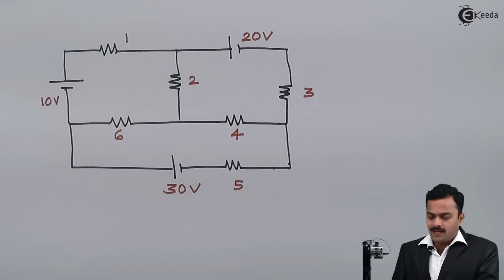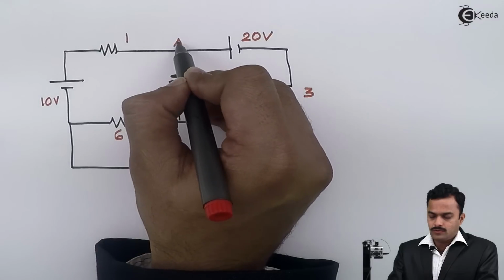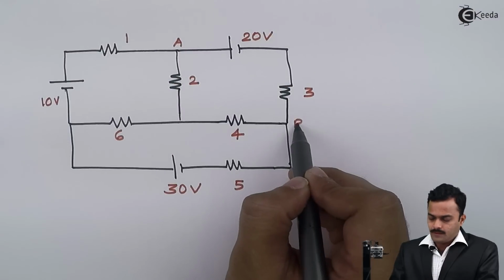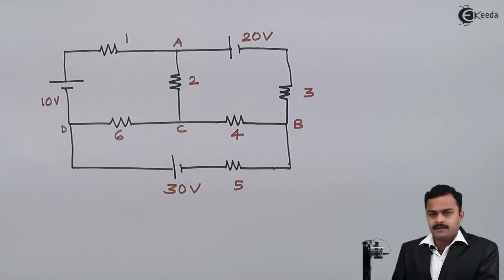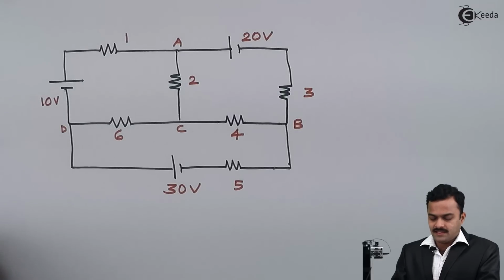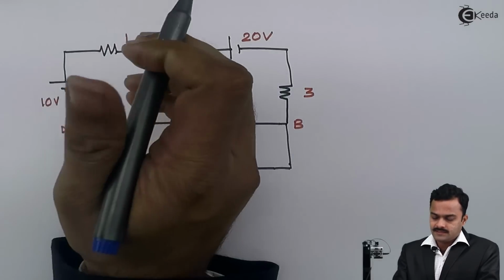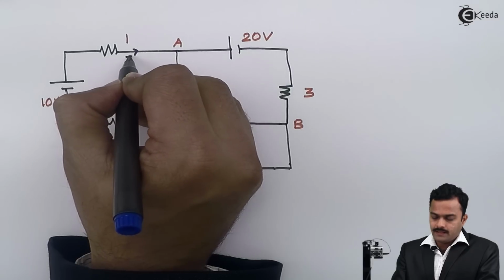Now I will apply KCL to node A, B, C and D such a way that I will get all branch currents. So let's take this as I1.